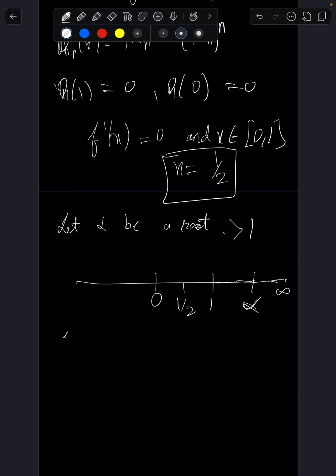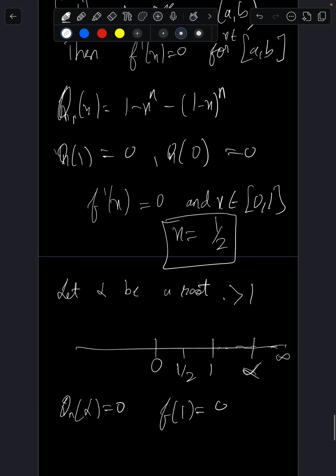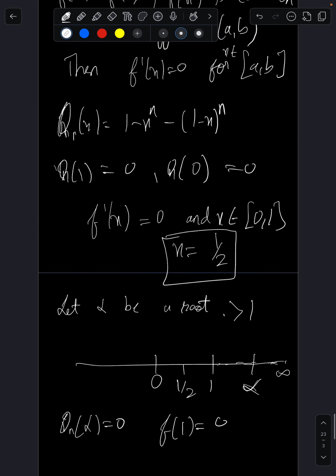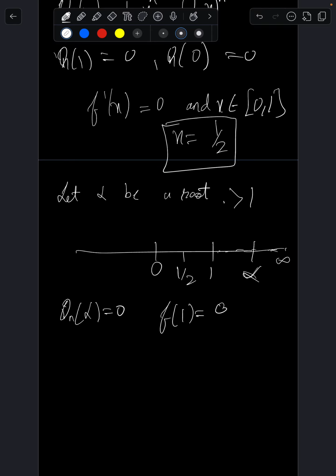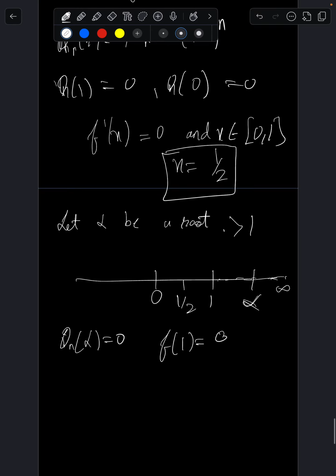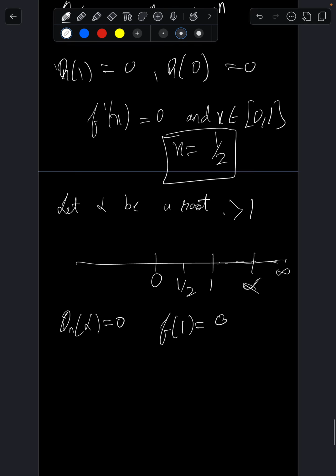Then Qn of alpha is 0, since alpha is a root. So f of 1 is also 0. So by Rolle's theorem, f of a equals f of b, f of alpha is equal to f of 1, which is 0. So by Rolle's theorem, f prime of x will be equal to 0 and x will belong to 1 comma alpha.